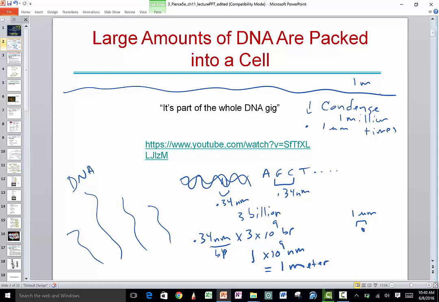So we need to scrunch this DNA down, and the scrunching is called condensing the DNA. This is what we call the DNA packaging problem, because we're packaging a lot of DNA into a small space. And I think the late, great Robin Williams can explain this better than I can. So let's take a quick look at that.